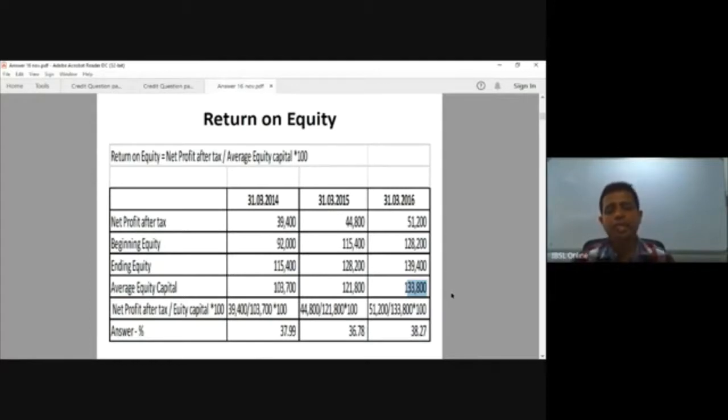Divide the net profit after tax by average equity for the respective years and multiply by 100. Then you can calculate the return on equity, that is 37.99, 36.78, 38.27.